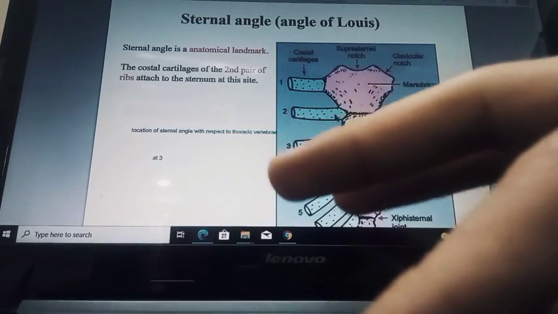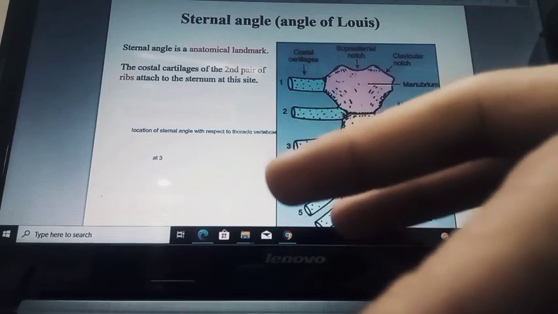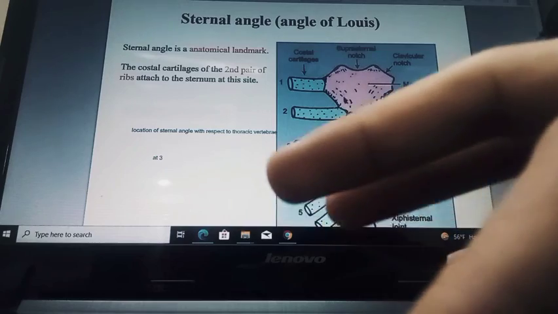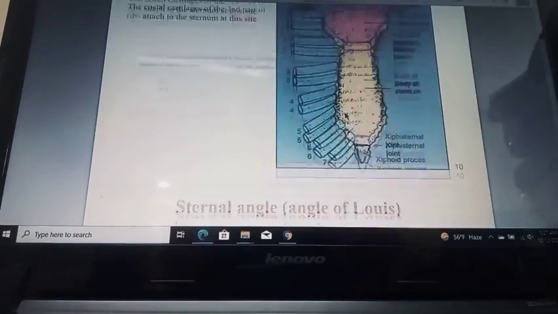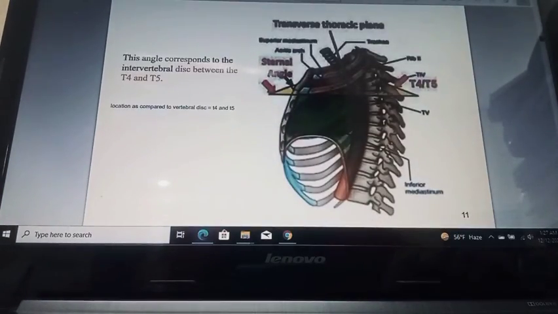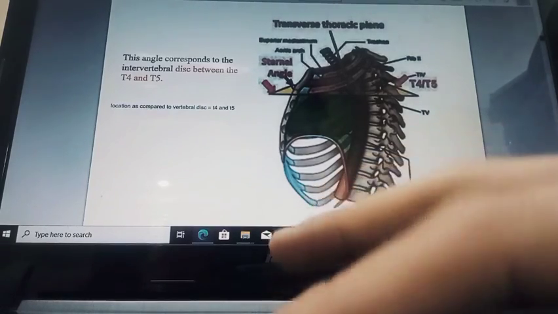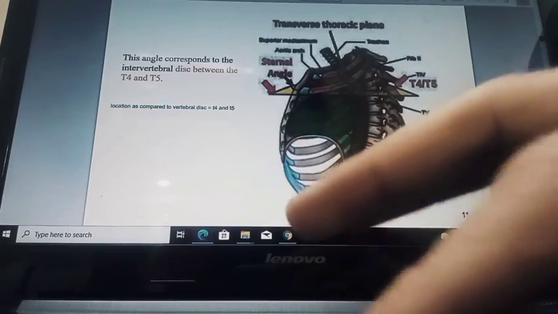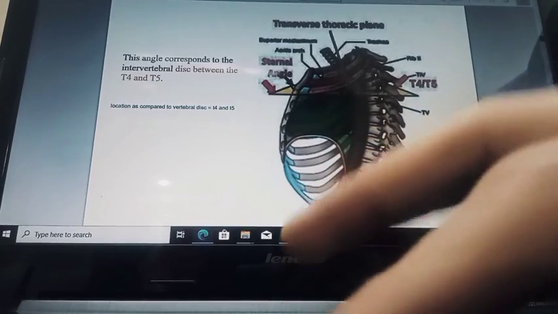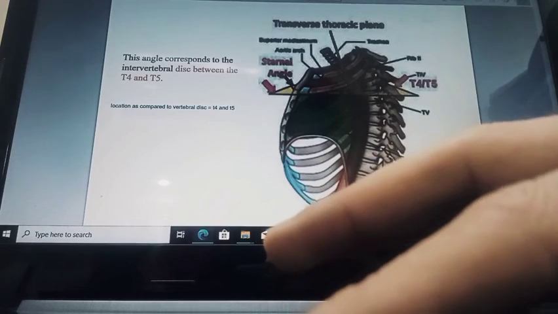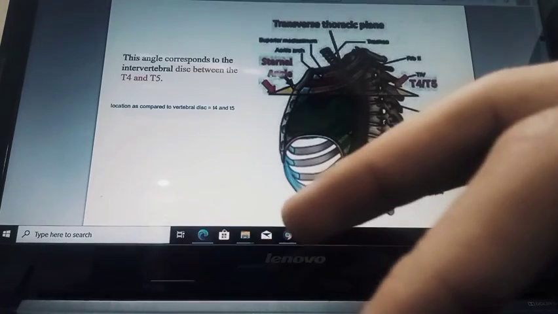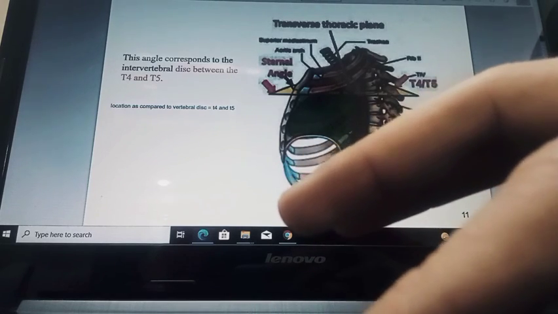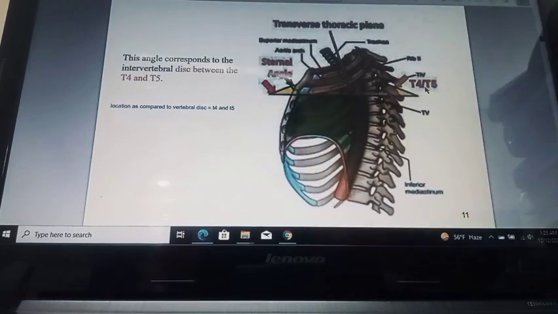But with respect to the vertebral column, it's located at T4 and T5, like if we take a cross section.